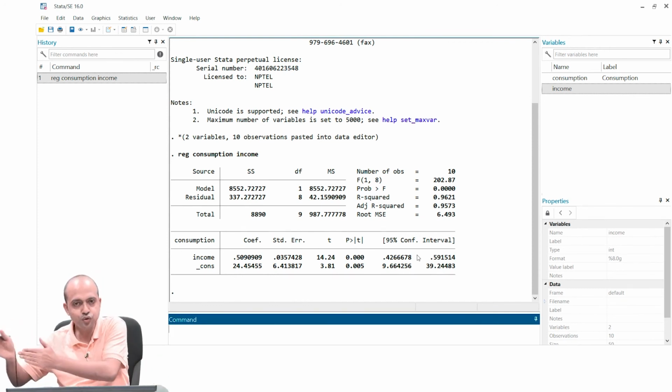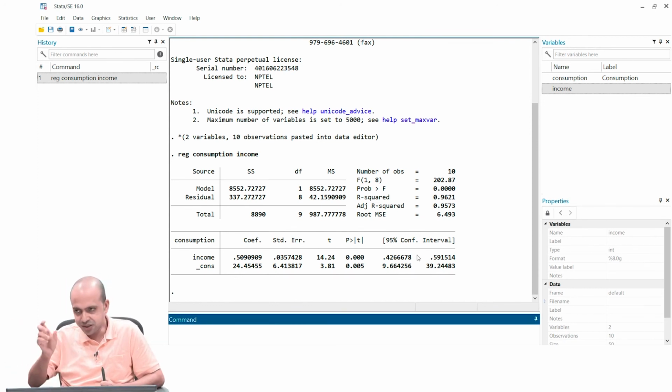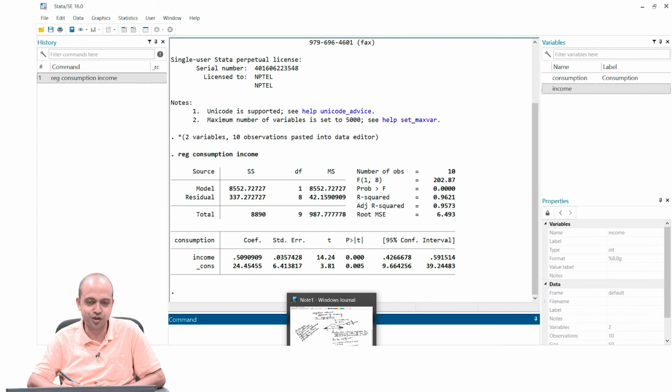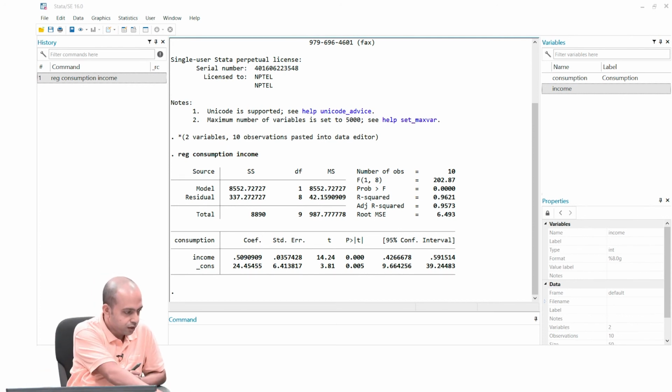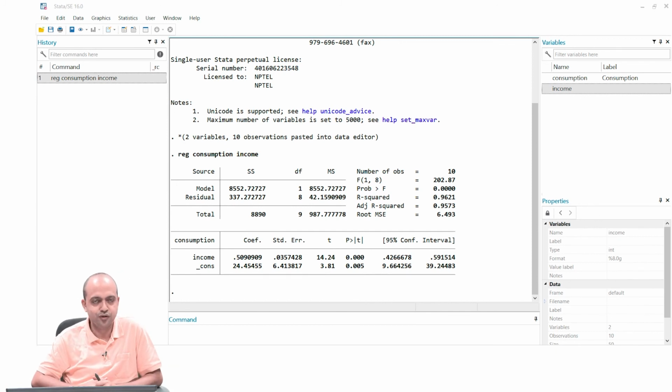Since the interval is on the positive axis, you can understand that 0 is not captured. And if 0 is not captured by your estimated interval, then you have to reject your null. And if you reject your null, that means the variable is significant.